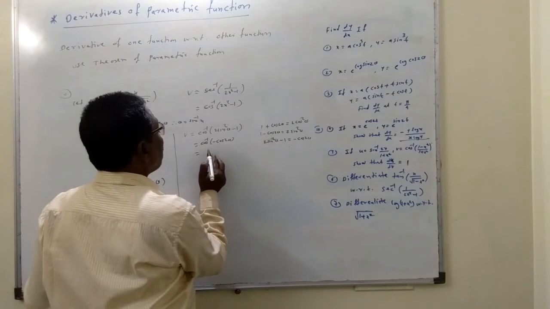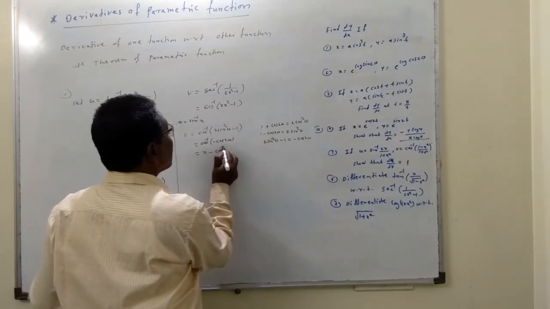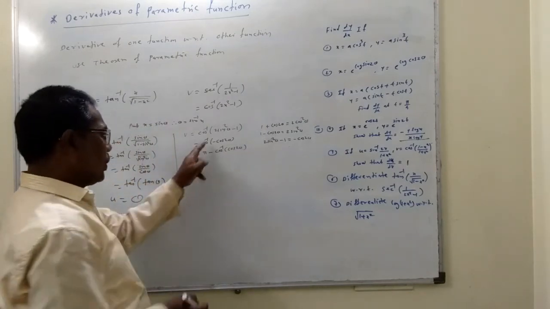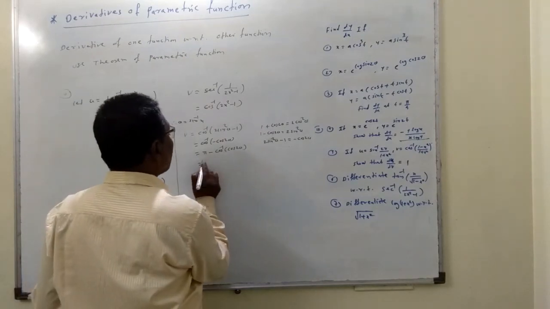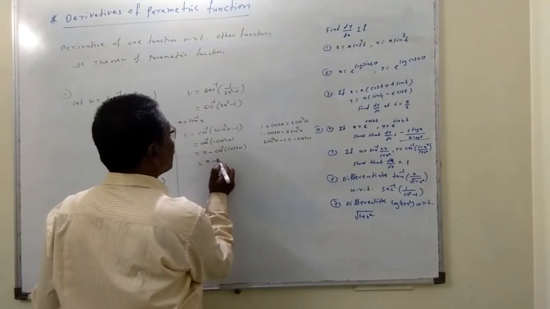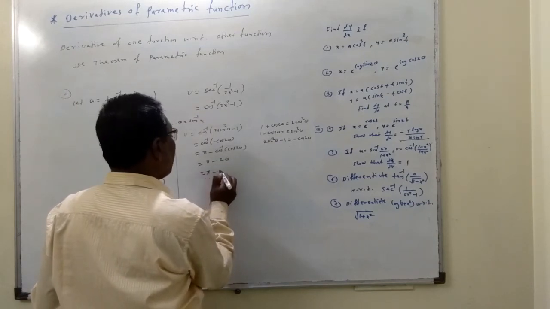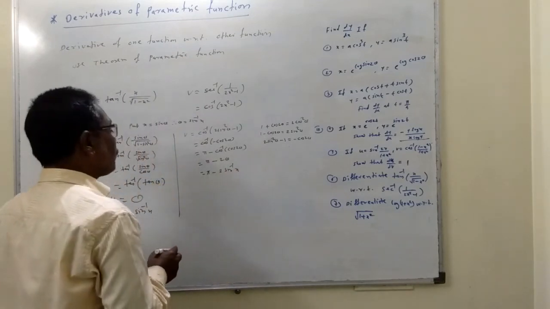Now cos inverse of minus cos 2 theta is pi minus cos inverse cos 2 theta, because in the second quadrant cos is negative. So that is equal to pi minus 2 theta, so pi minus 2 sine inverse x.